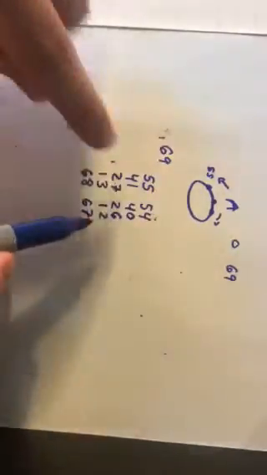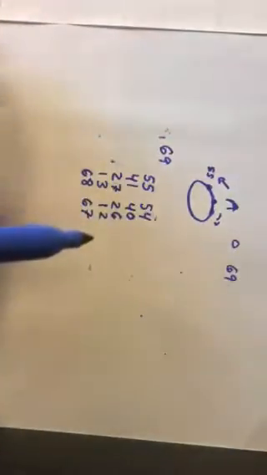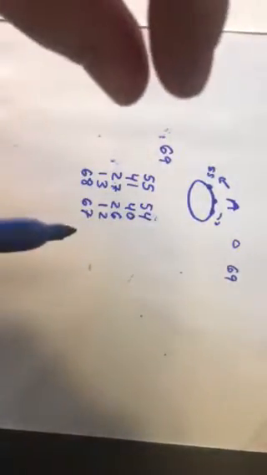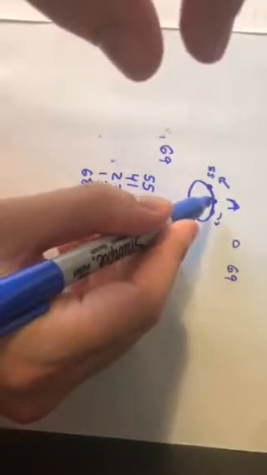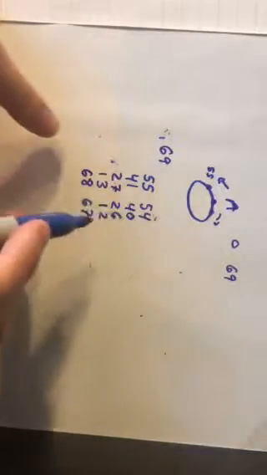So this is his spot each lap for the faster guy. This is where he's ending up relative to that starting position. So you have 0, 1, 2, 3, 4, 5, 6, 7, all the way up to 69. And we said it's going to take the slow guy 69 laps, so he's going to have to do 69 of these.